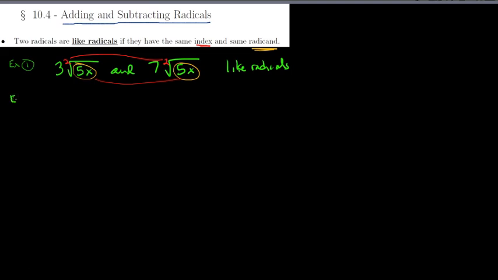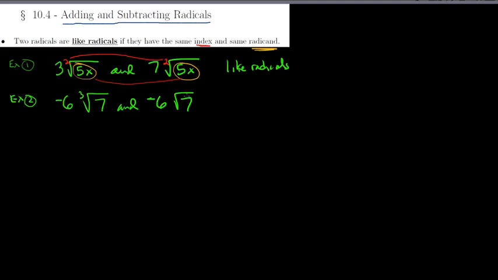Let's do another example. Suppose I have negative 6 times the cube root of 7 and negative 6 times the square root of 7. So these are almost the same thing, right?